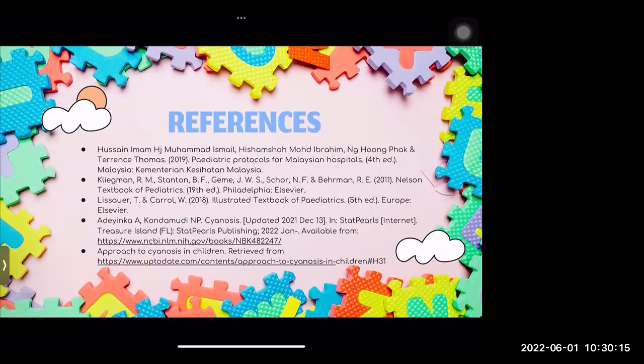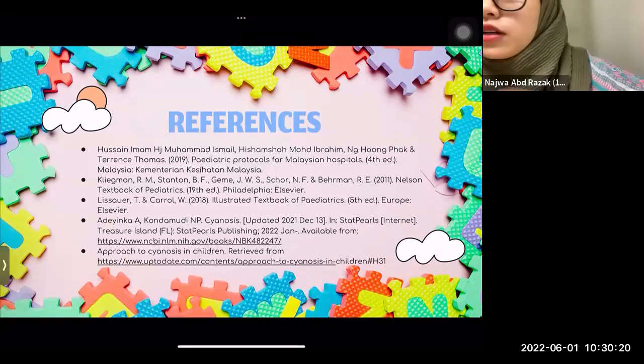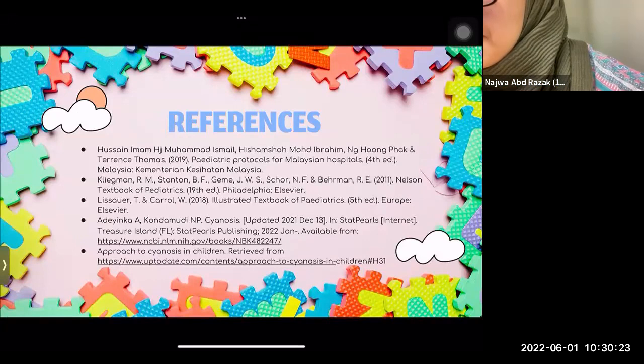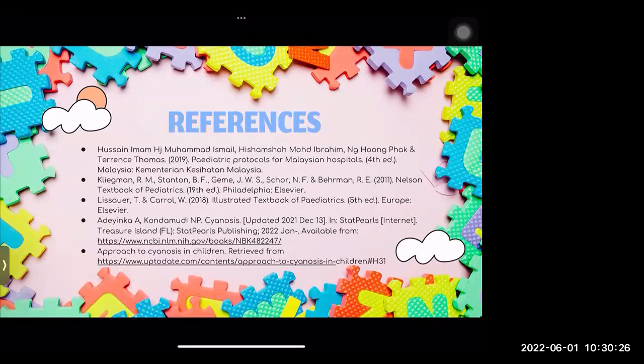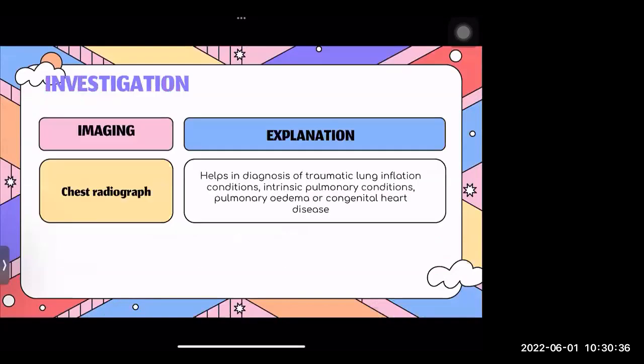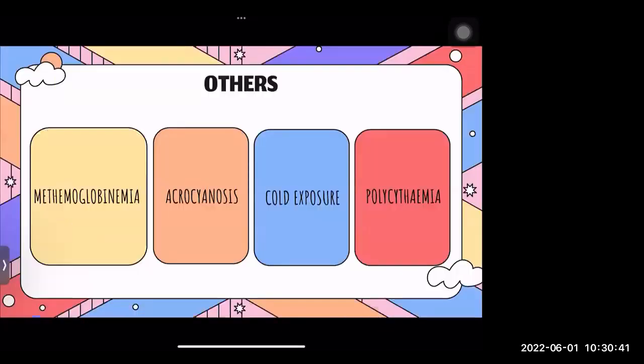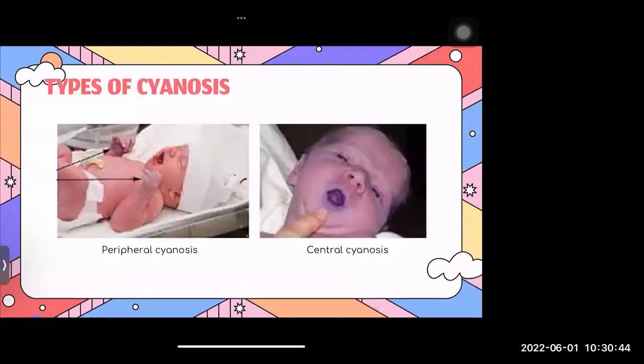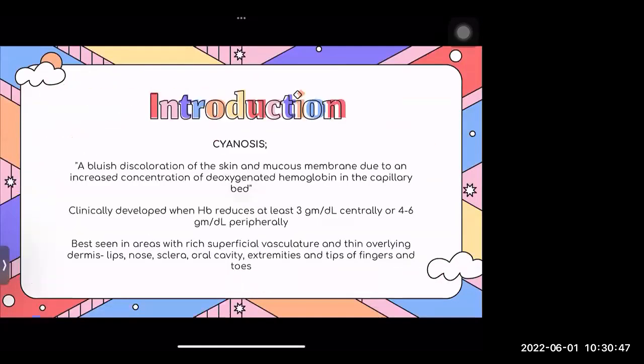Can we finish from the beginning? Sorry, doctor, you are quite lagging. Yeah, because I'm on the third. Can you show me the slide from the beginning? Slide from the beginning. The beginning. Yep. Cyanosis.